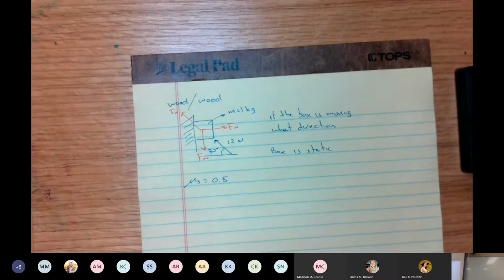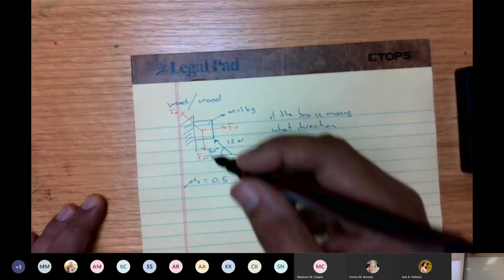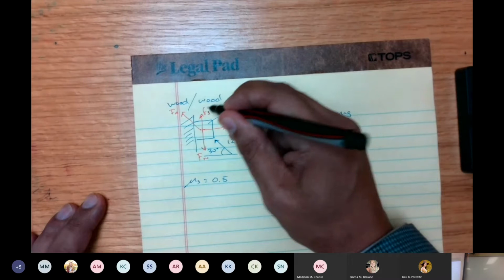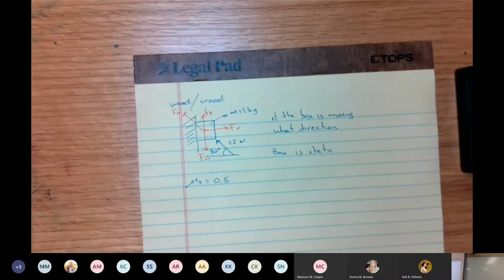Friction can either go up or it can go down. And in general, when you have an unknown friction, and you have a choice, pick the one that makes your force positive, just for convenience in the math, and so you don't have to deal with the signs. So I'm going to assume that my friction is going to go this way, unless it's very obvious that it's going to go in the opposite direction. But if you can choose, pick the positive one.